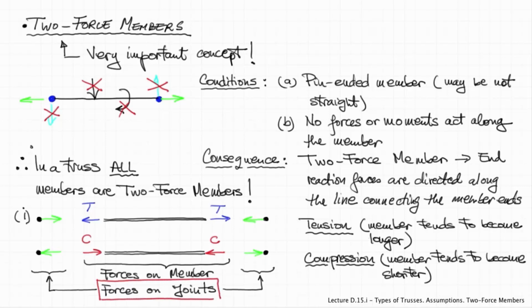The palms will feel that the ruler or pencil will push your hands in an outwards direction. So arrows pushing into the joint indicate compression. Arrows pulling from the joint indicate tension. Very important to remember this concept. We use forces acting on the joints, and this is what we're going to represent from now on.